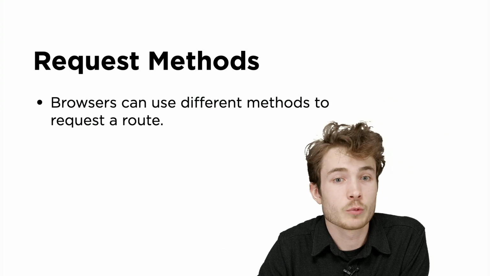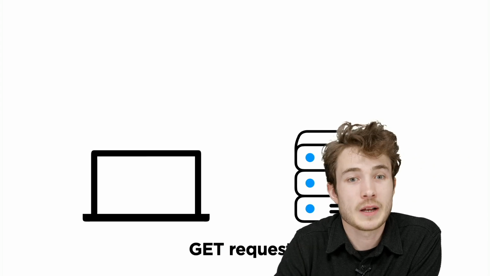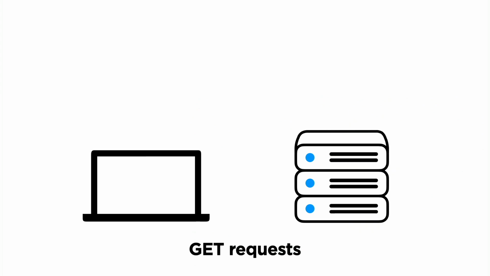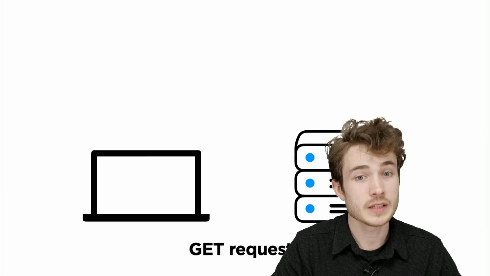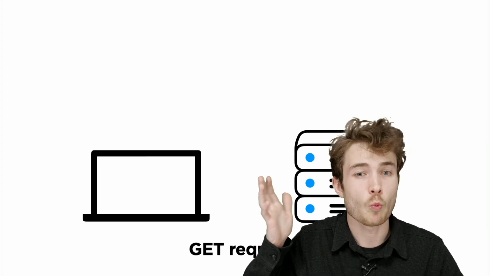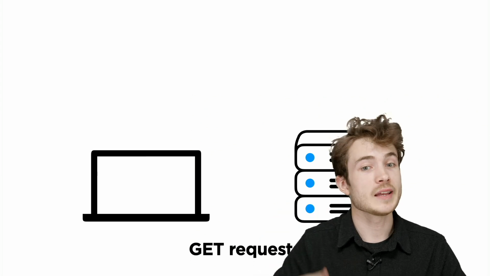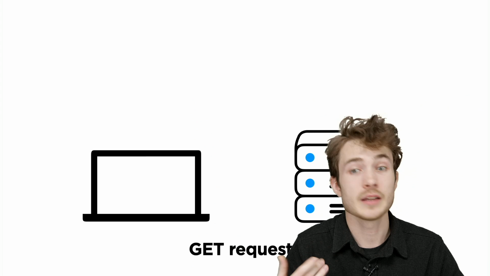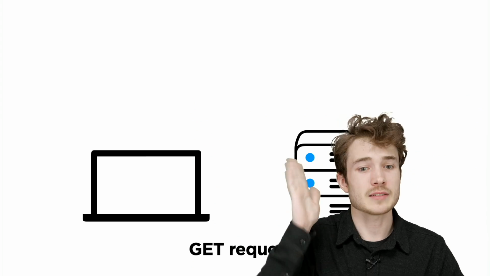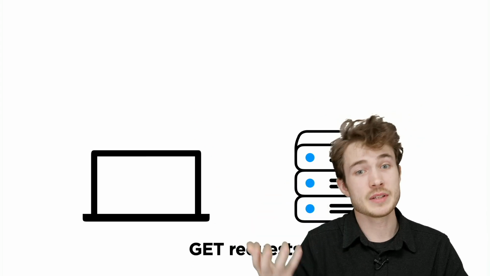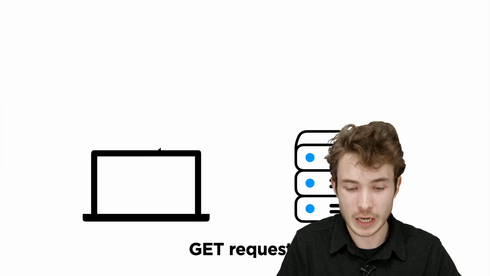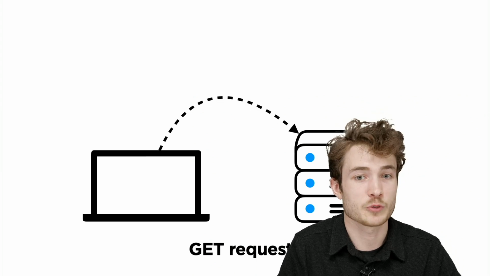So on the one hand, we have a very simple GET request, where let's say we have a server on the right-hand side here, and a client or a computer on the left-hand side here. And if this client, this computer, wants to access some web page, they might make what we call a GET request. Maybe they say, I want to see what's on that slash route of this page. They would send a GET request to get whatever is available at that slash route.